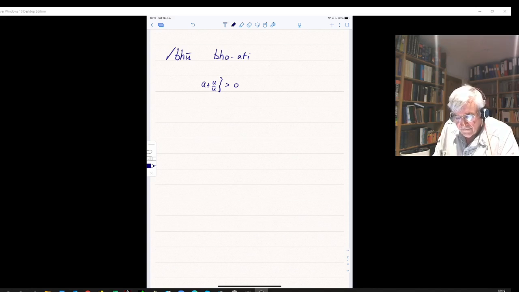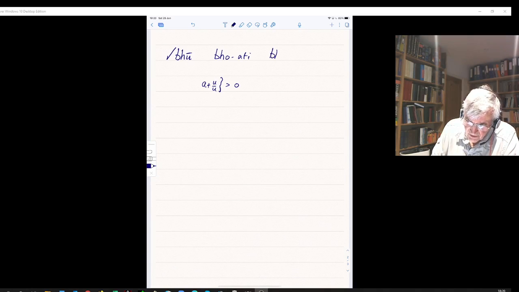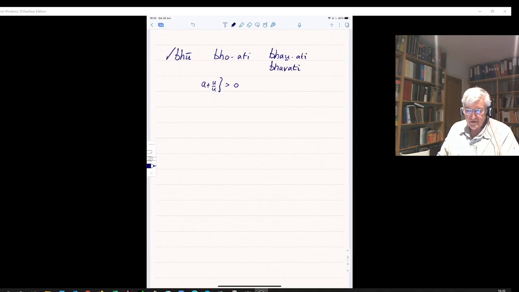When a vowel follows the o, as in bho-ati, it resolves itself back into av. So the bho-ati, in fact, becomes bhav-ati, and this vowel then becomes its corresponding semi-vowel. So bhavati. That is how we get bhu.